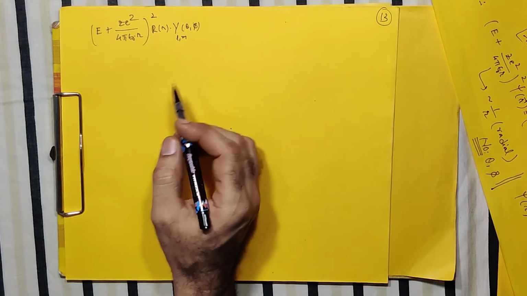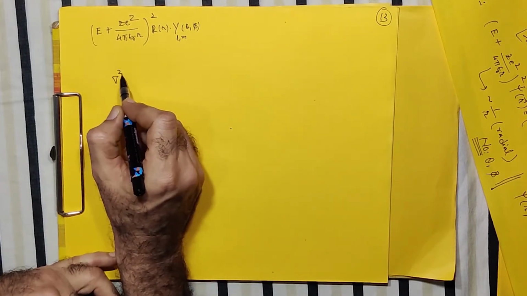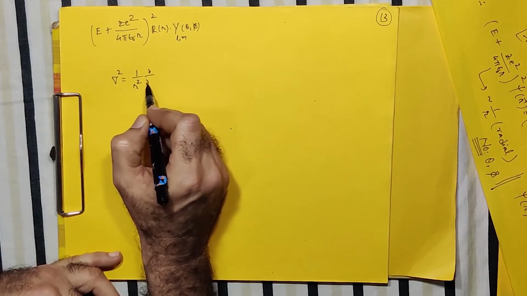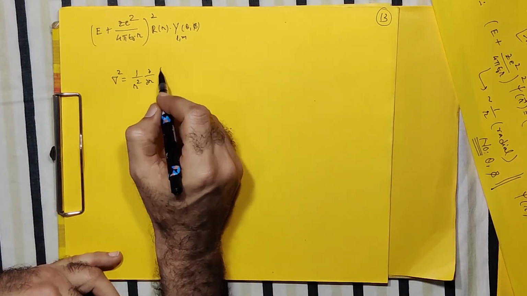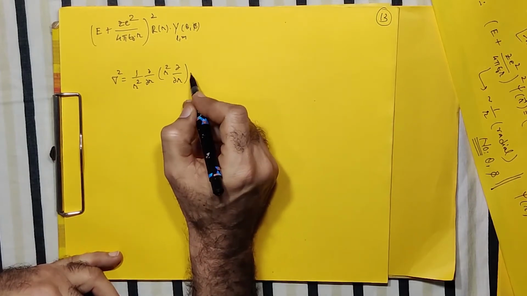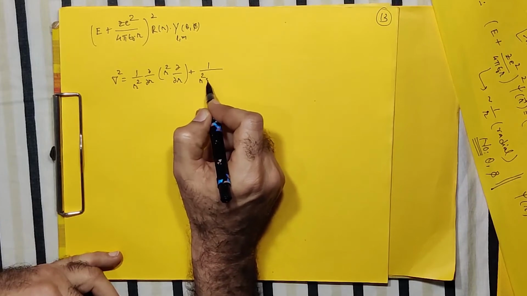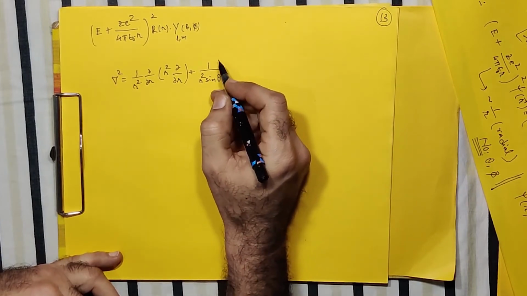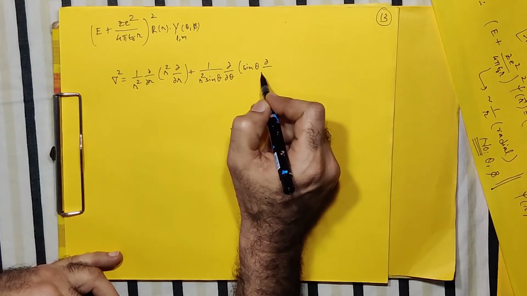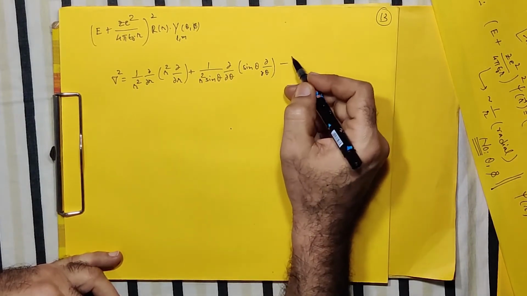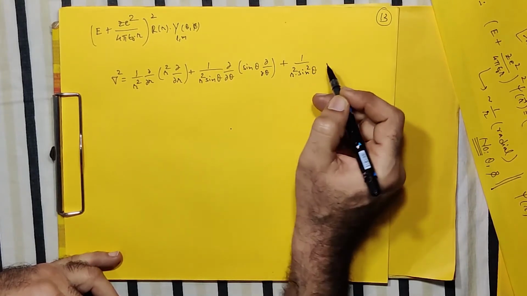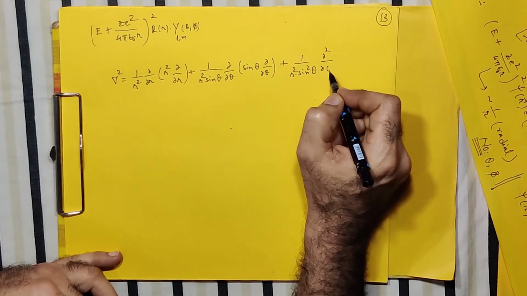And for nabla square, we know that nabla square can be written in two parts, that is 1 by r square del by del r, this is the expression which you would recollect, r square del by del r, the radial part. Then we have 1 by r square sine theta del by del theta sine theta del by del theta plus 1 by r square sine square theta del square by del phi square.